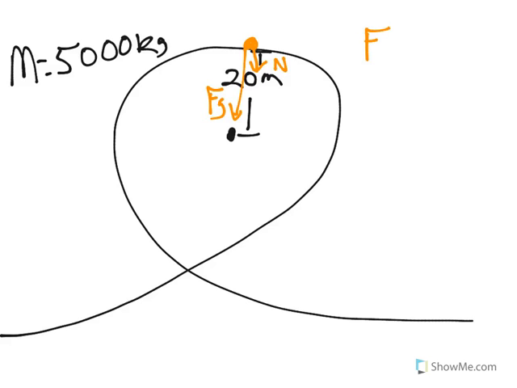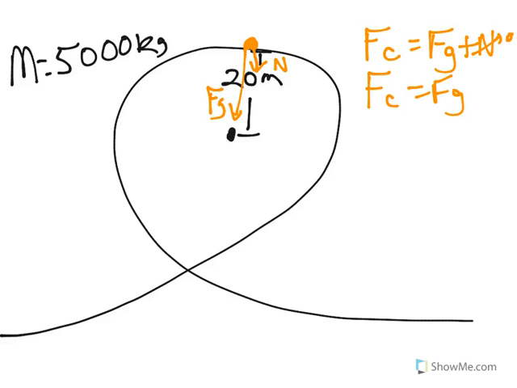So under normal circumstances, the centripetal force is equal to the force of gravity plus the normal force at that point. The absolute minimum that you could have and have the thing stay in a circle would be if the centripetal force equaled the force of gravity and the normal force went to 0.